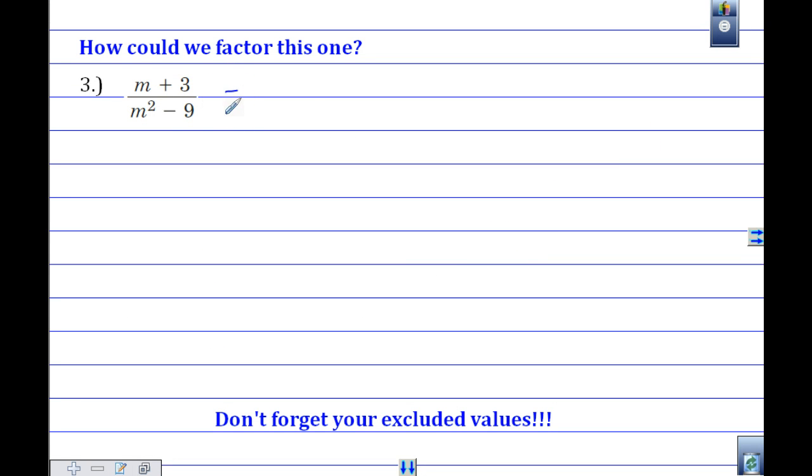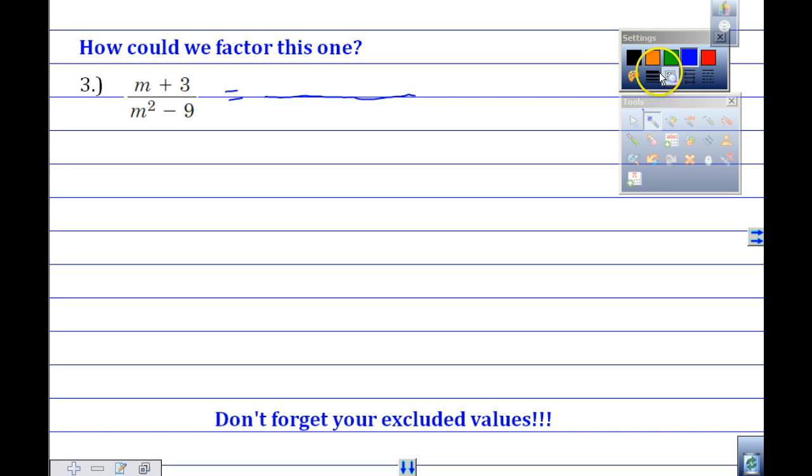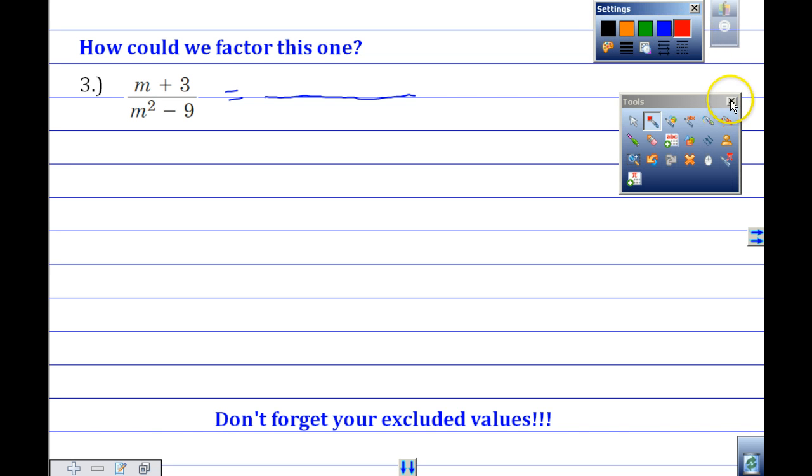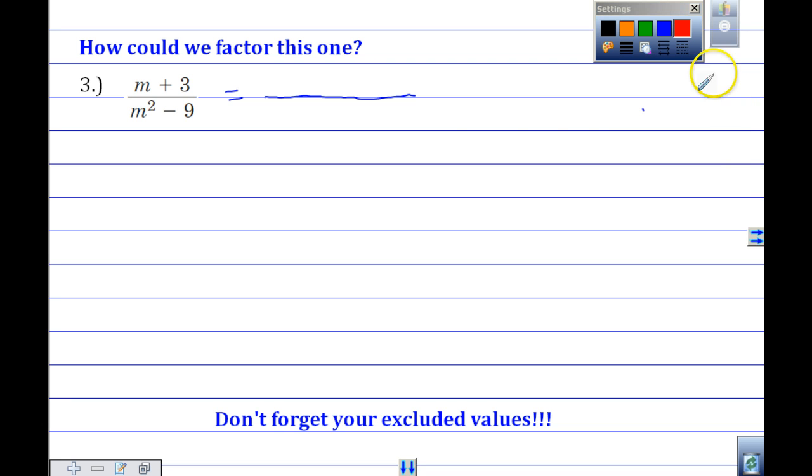Do one more practice. So can we factor the top? Is that a factor or no? Part of factoring is knowing what does not factor.